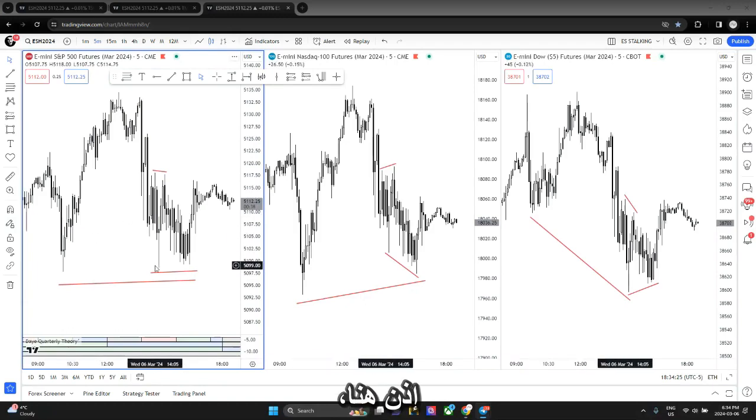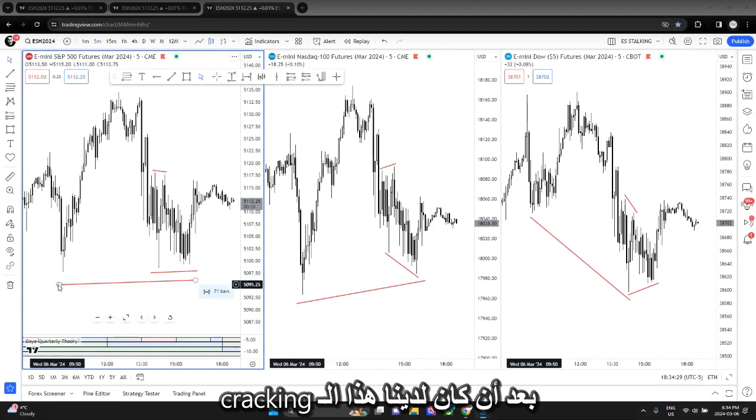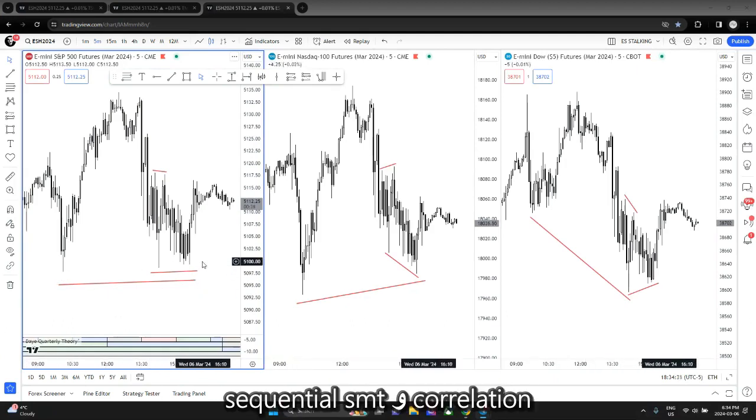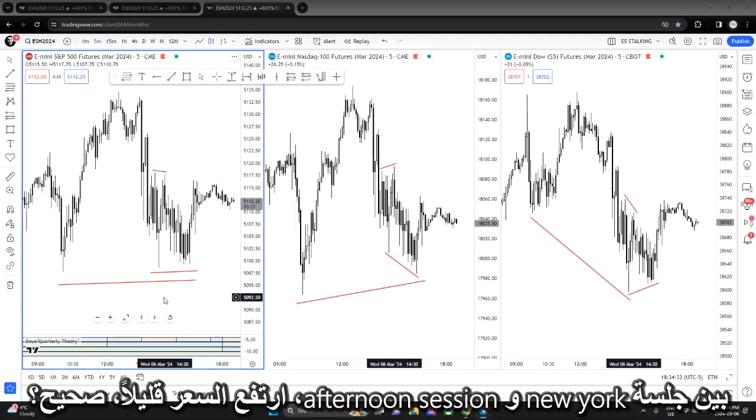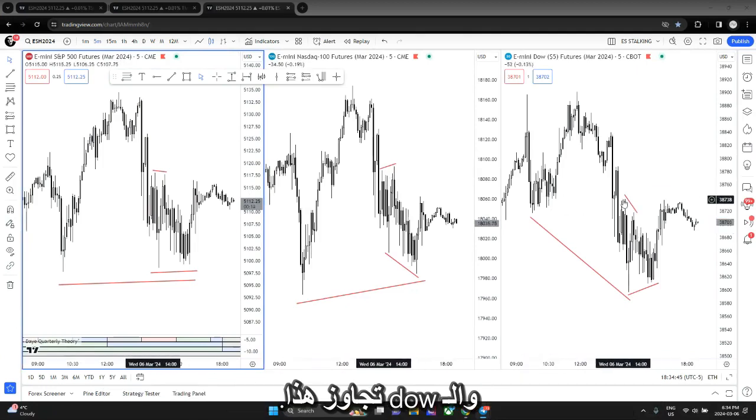So right here, after we had this cracking correlation, sequential SMT between the New York and the afternoon session, we had price rally a bit, right? And it didn't take out this high, and the Dow took out this one.